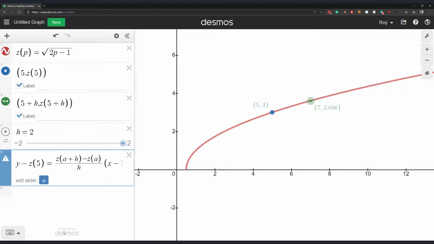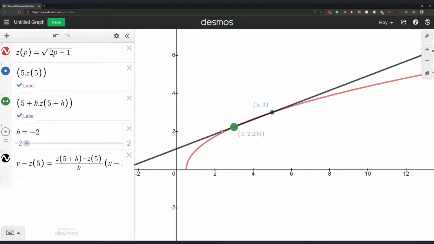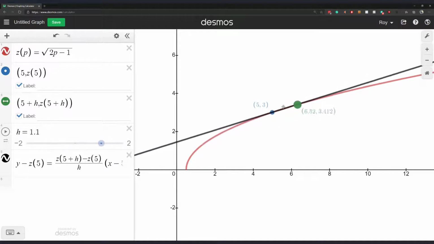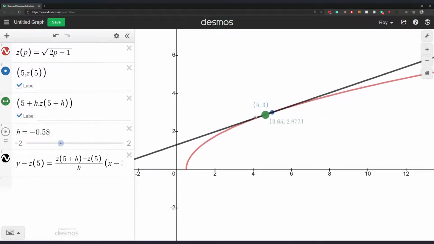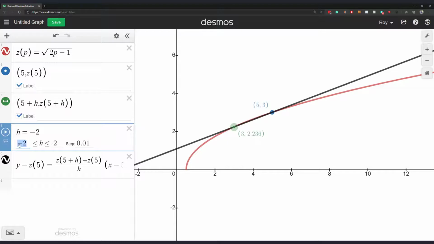In this case, our anchor point is at a equals 5, so I'm just going to replace those a's with 5s. And notice what we get: this beautiful line. Now when I drag this, you see that the line just connects these 2 points, the anchor point at 5, 3 and whatever the green point is. Let me change what h is allowed to be.